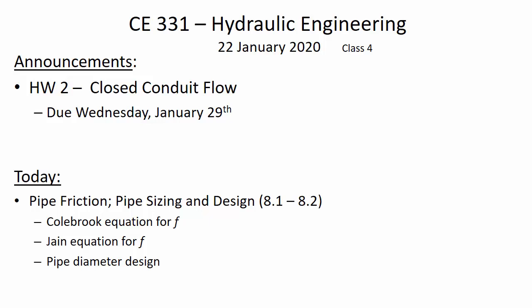So instead, we use the Hazen-Williams equation or a Manning equation, or most of the time, if we care about accuracy and we've got a little bit of calculation ability, we'll use the Darcy-Weisbach equation to estimate pipe friction. So we're going to talk about some equations for calculating F to move away from the Moody diagram, and then we may get as far as an initial application into pipe diameter design.